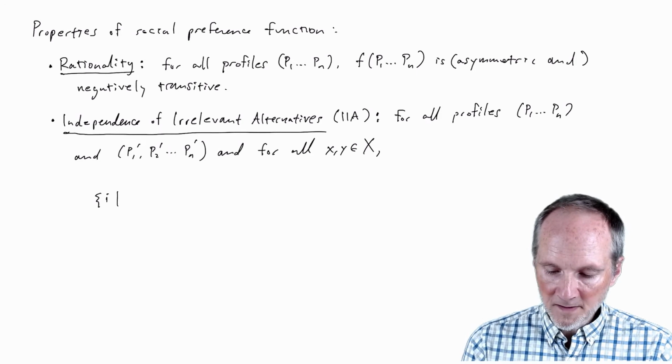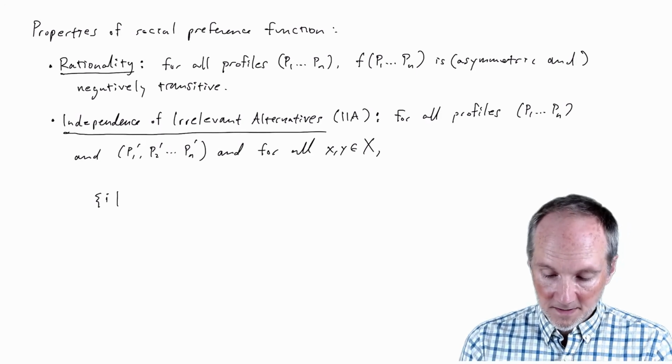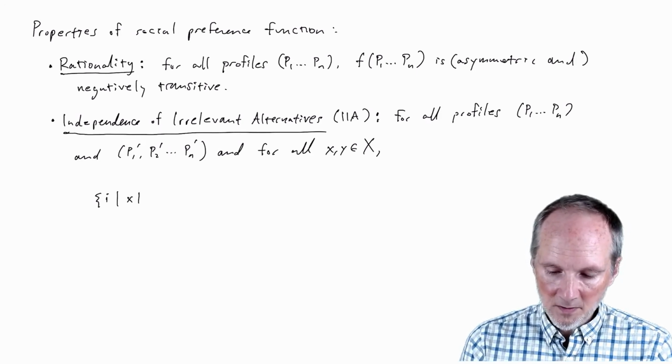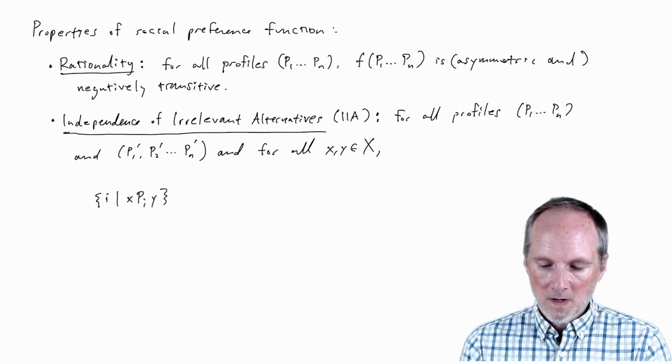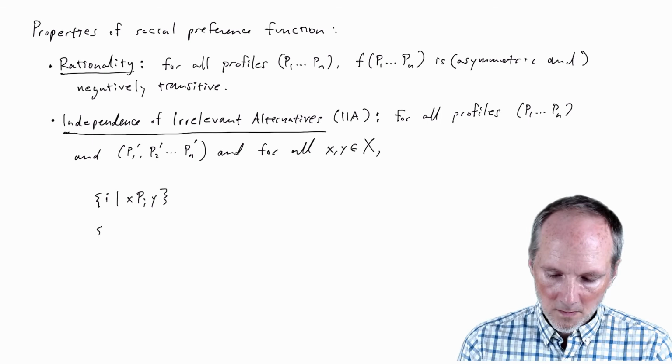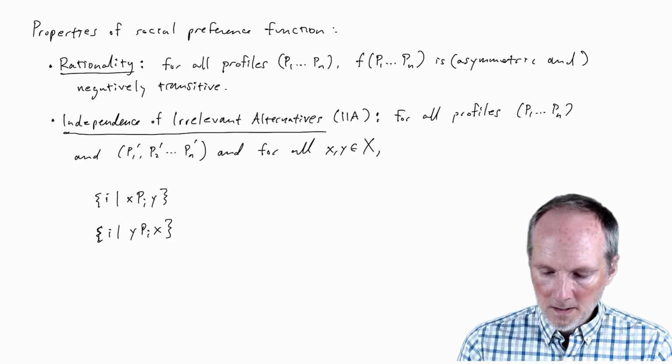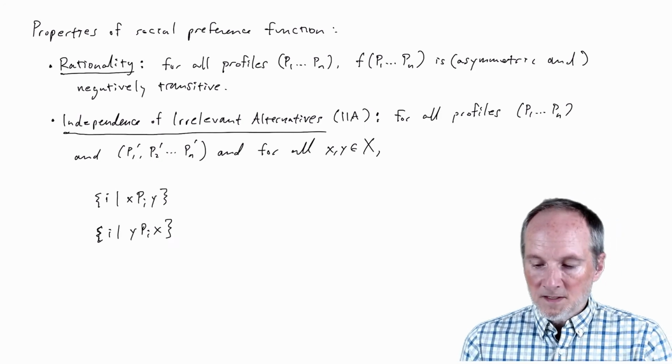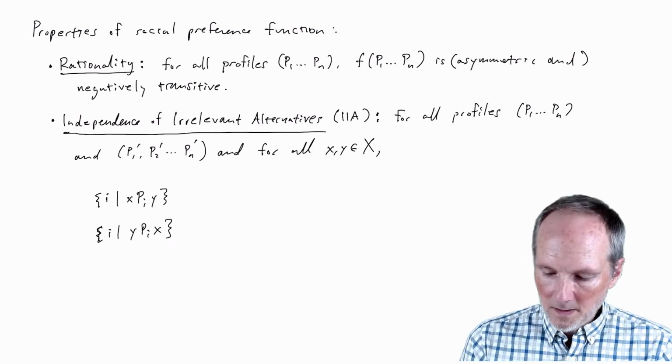So in that first profile, the people who prefer x, it's this set here. It's the set of people who prefer x to y, the set of people who prefer y to x is this. Suppose those are the same in the two different profiles.